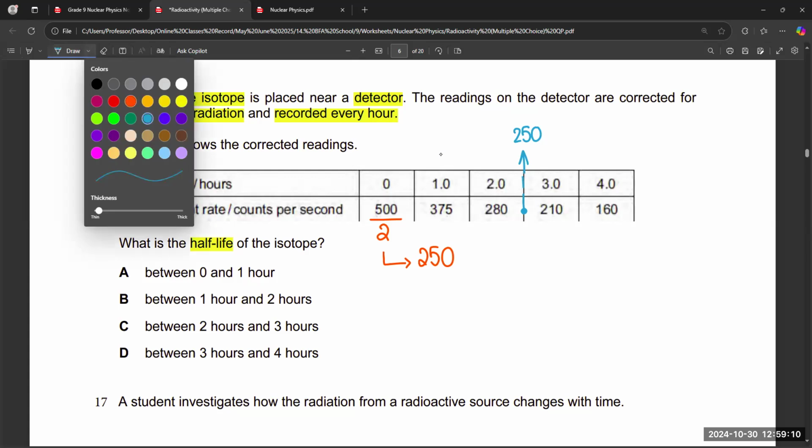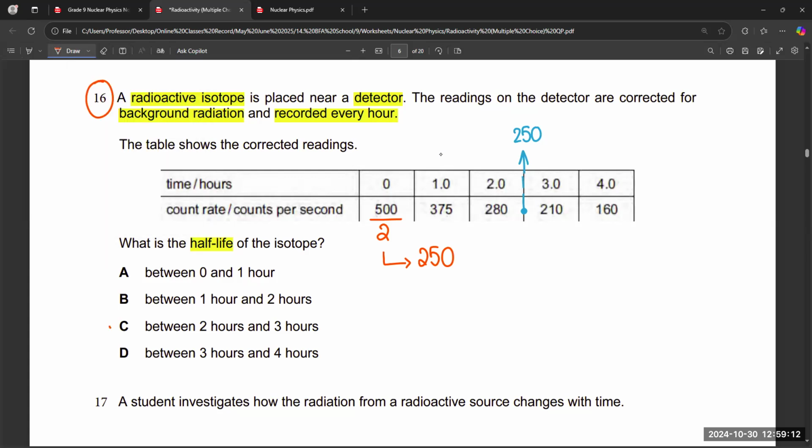That means between 2 and 3 hours. So in this question, the exact value is not given, the estimated values are given. So according to the estimated values, the answer is between 2 and 3.